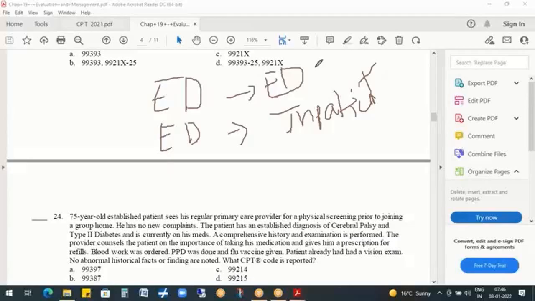In that, for new or initial visits, 3 out of 3 key components are required.